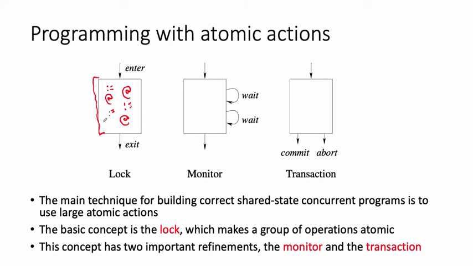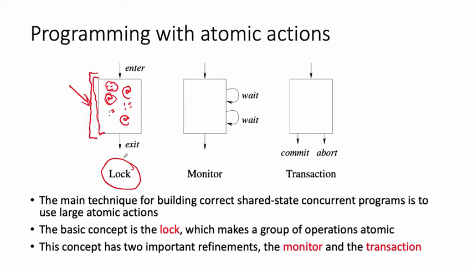That means we don't have to worry about interleaving of the primitive operations. We only have to worry about interleaving of the big operations. So the basic concept for this is called the lock. In French, verrou. A lock is a large atomic action which groups together many smaller operations.